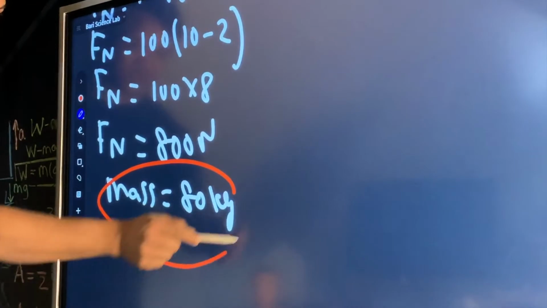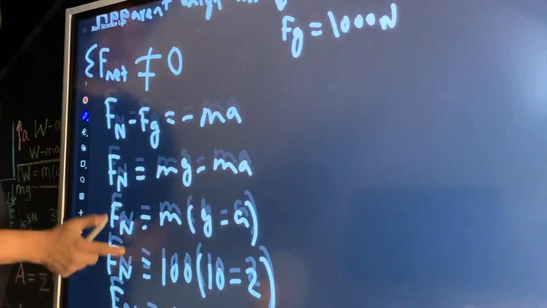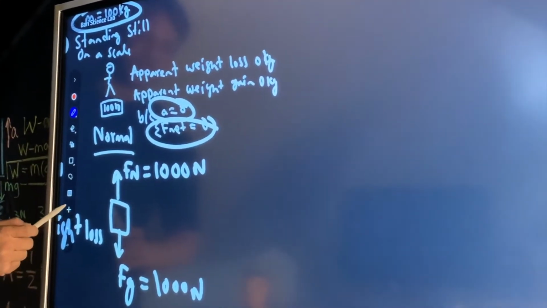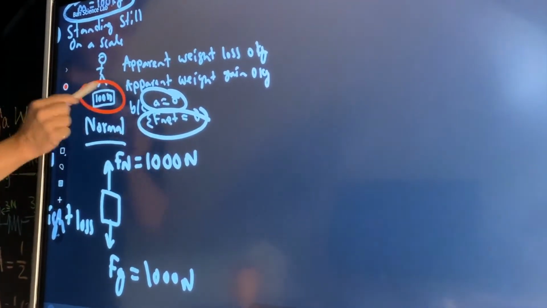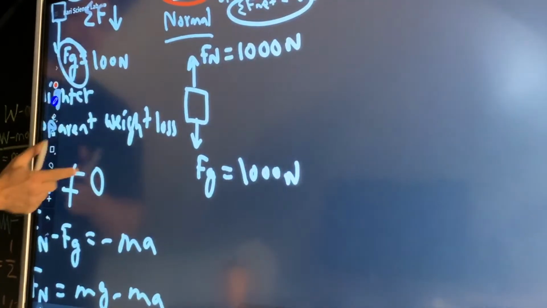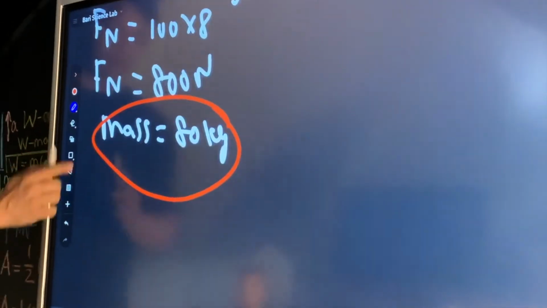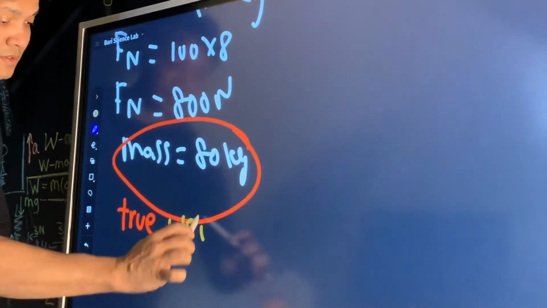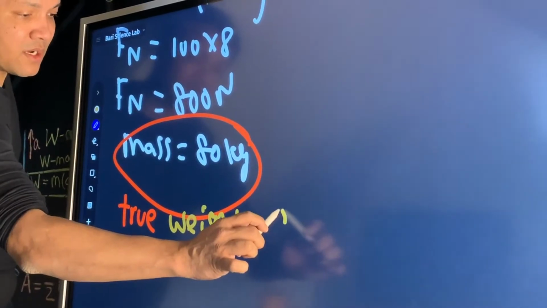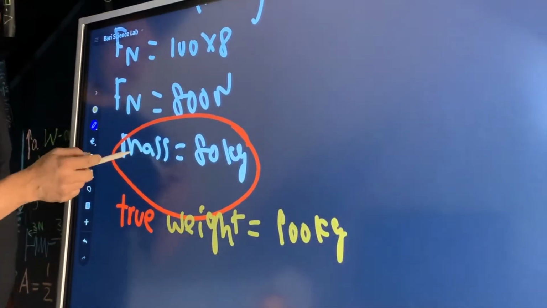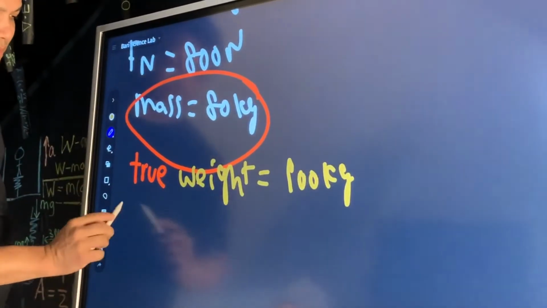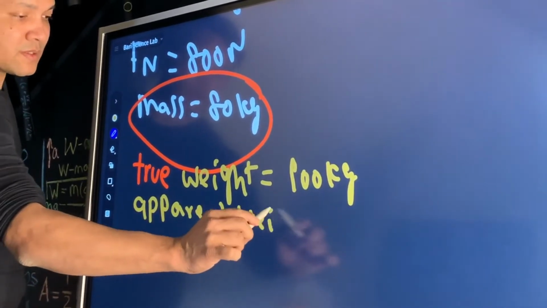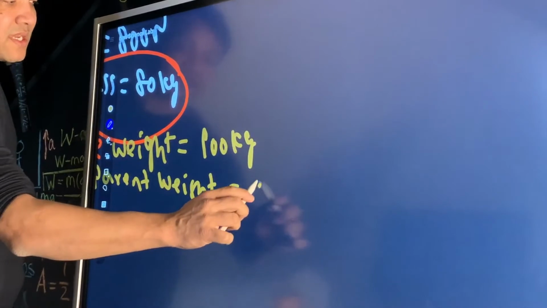Do you see the apparent weight loss? Yes, because the true weight is 100 kilograms, and the apparent weight in kilograms is 80 kilograms.